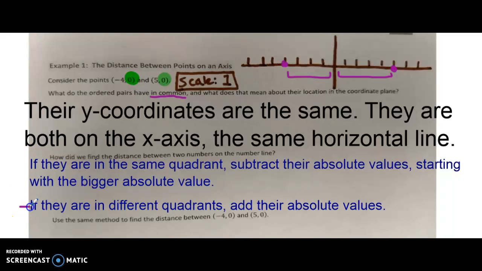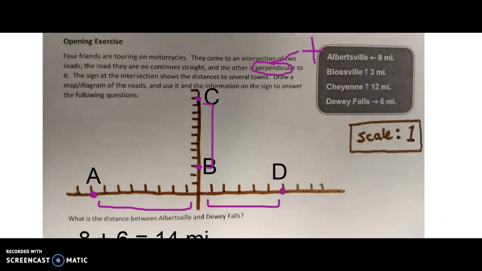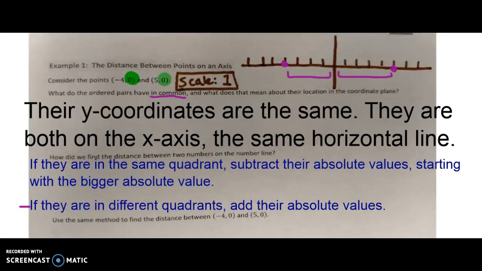If they're in different quadrants, we add. If they're in the same quadrant, we're subtracting, because that's exactly what we saw back here when we were looking at Blossville and Cheyenne. We had to subtract because they were both above the x-axis.